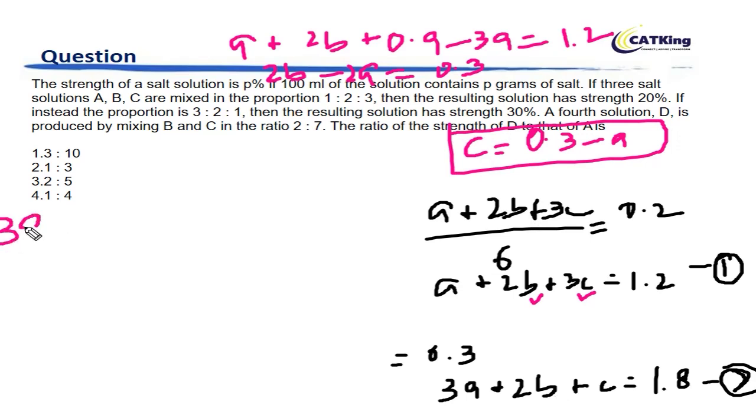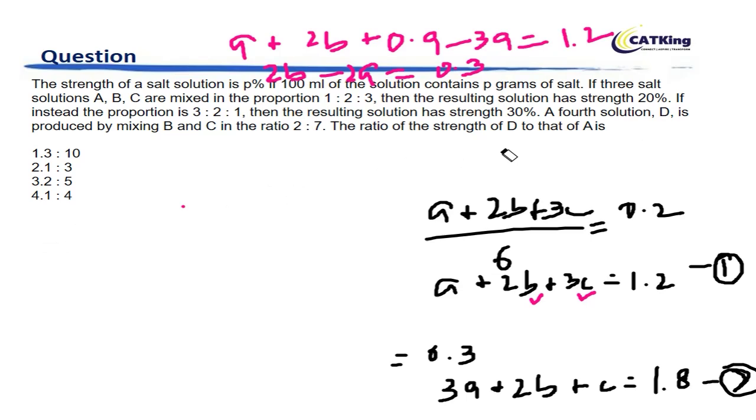So then this becomes 3A plus 2B plus C. So we had done 3A minus 2A minus 2C is equal to 0.6. So that's the mistake. We have found out the problem here.